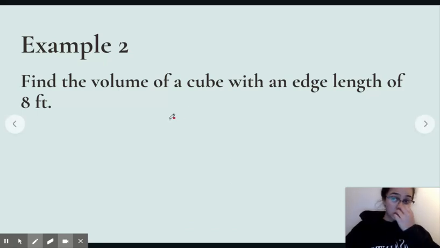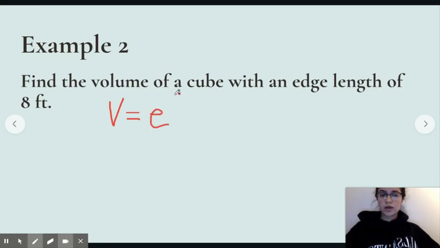Find the volume of a cube with an edge length of 8. So same thing, just different numbers. Okay, again, you do have to know what the formula is. So remember, the formula of volume is equal to, try to remind yourself before I tell you, e to the what power? To the 3rd.